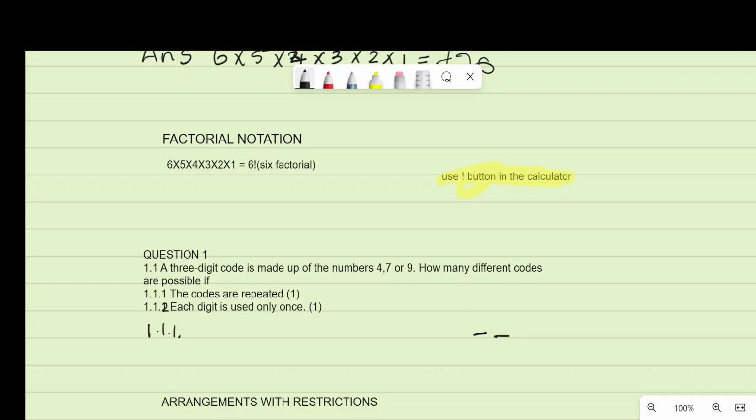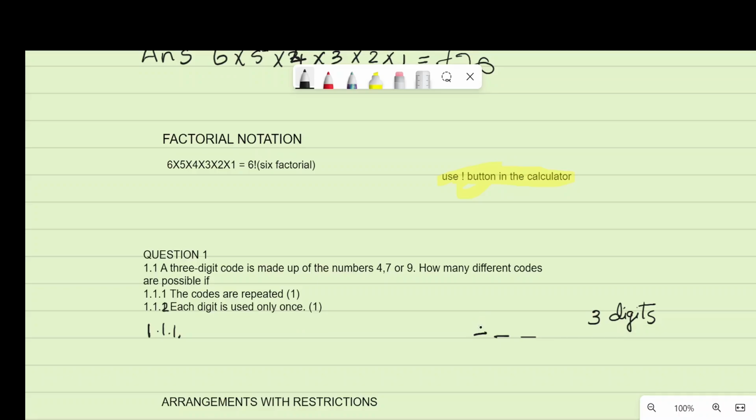We have 3 positions to fill in. What are the numbers used for the 3 positions? 4, 7 or 9 only. So you only have 3 digits to make the 3-digit code. Only 3 digits, 4, 7, 9, not from 0 to 9 this time.